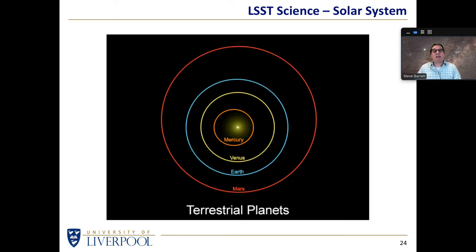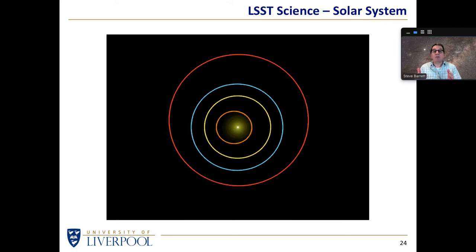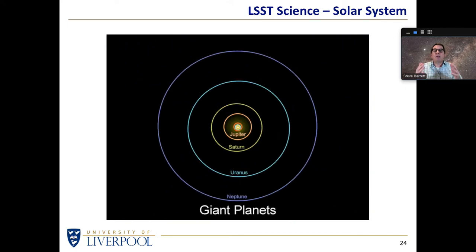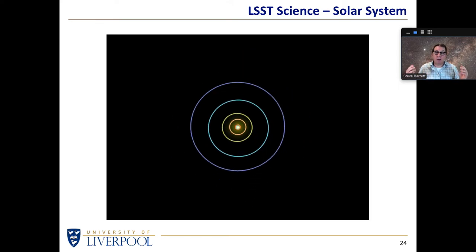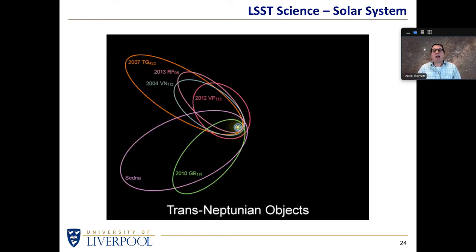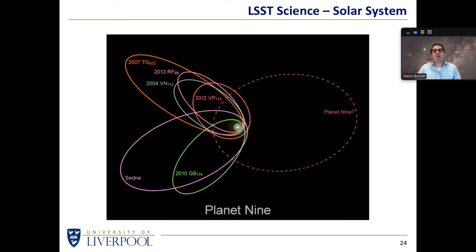In addition, there are various objects in the outer solar system. If we think of the terrestrial planets and then zoom out to the gas giants and the ice giants and then zoom out again, we see that there are various objects in our solar system at great distance, these trans-Neptunian objects, some of them in very peculiar orbits, which would indicate the existence of Planet 9.